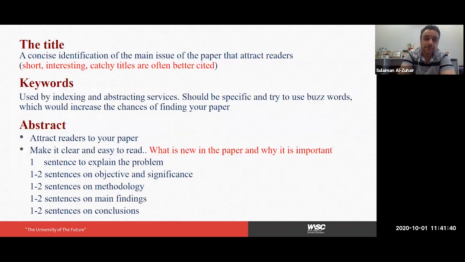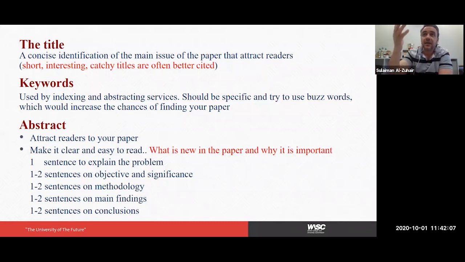The title should be a concise identification of the main issues of the paper that attracts readers. Now it should be short, interesting; catchy titles are often better cited. So try to avoid very long titles that say the entire story. Have some kind of attractive title that will make the reader read the paper in order to know what's happening.